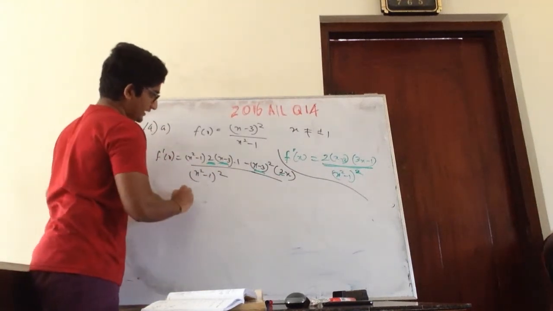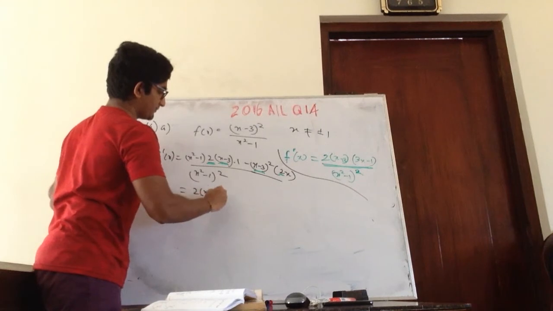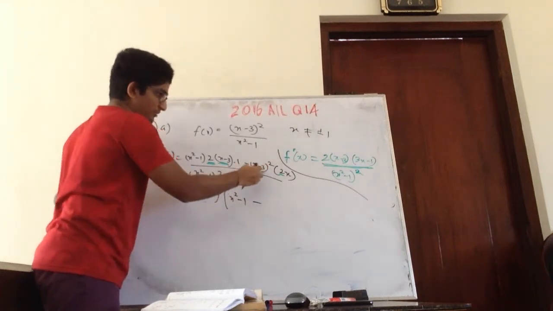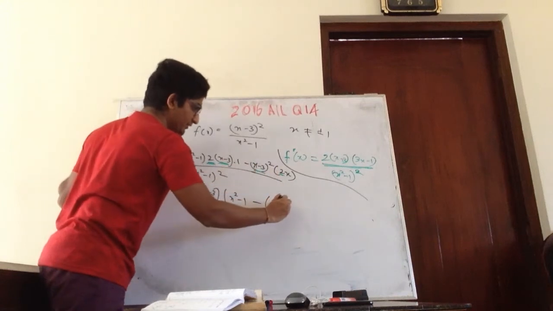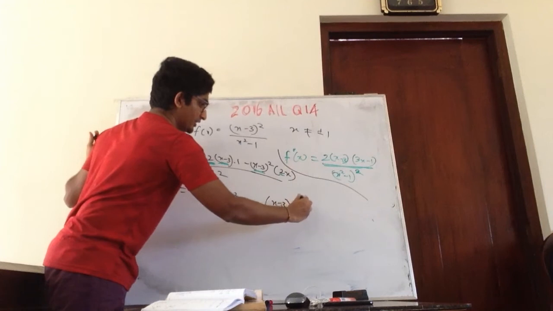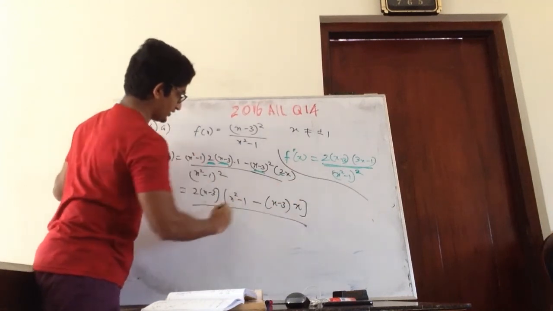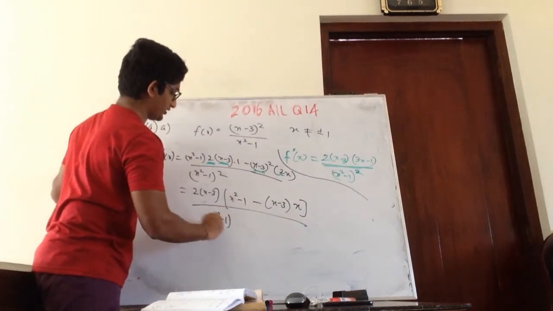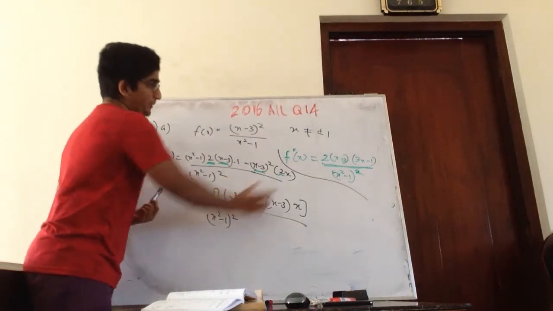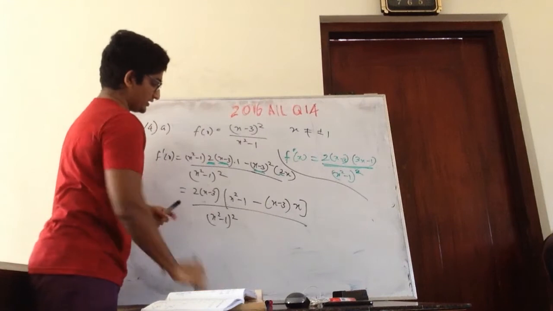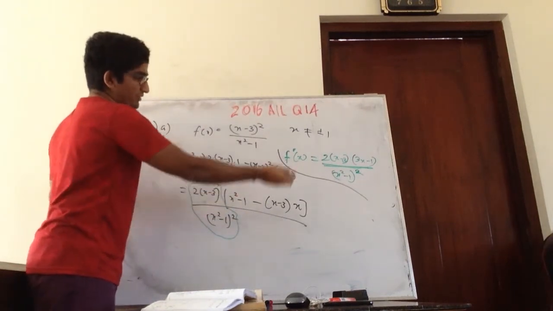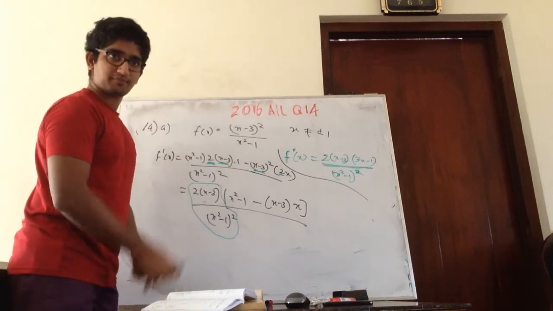If I take out 2(x minus 3), I will get x squared minus 1 minus the remaining x minus 3, because this is (x minus 3) squared, and there's an x remaining as well, over x squared minus 1. So this part is anyway there. Basically this part is there in the answer now. So I need to simplify this and get the rest of the answer. Correct, no?